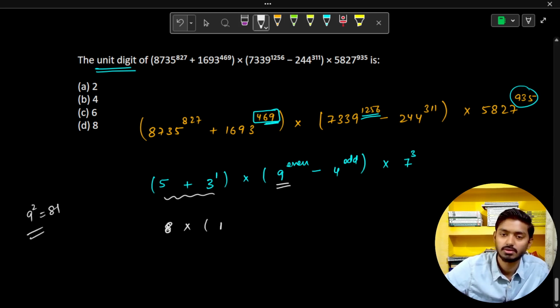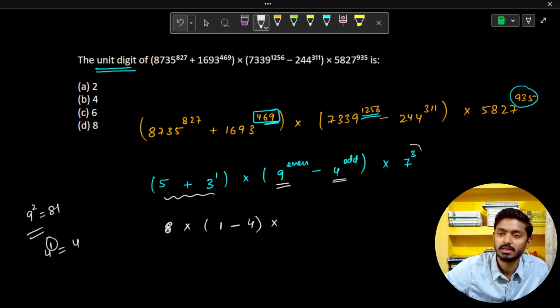So the unit digit is 1. 4 to the power odd gives us 4 only. 4 to the power 1, 1 is odd over in here, gives us 4. Multiplied by 7 to the power 3. Remember 7 squared is 49, that gives us 9. And you multiply 7, you get 63, which is 3 over in here. You'll write 3, right?